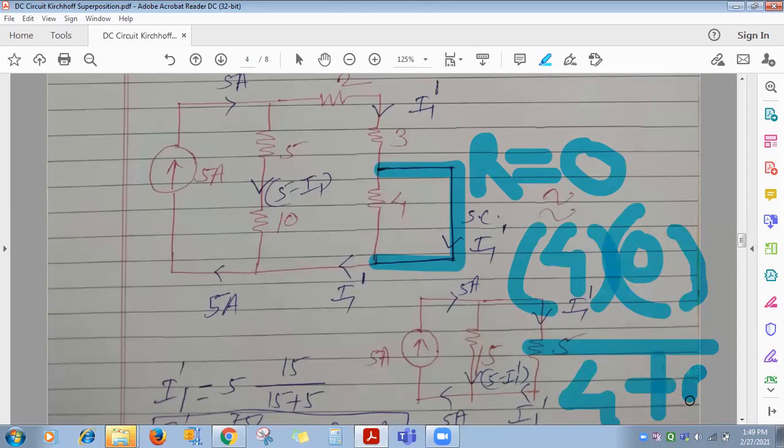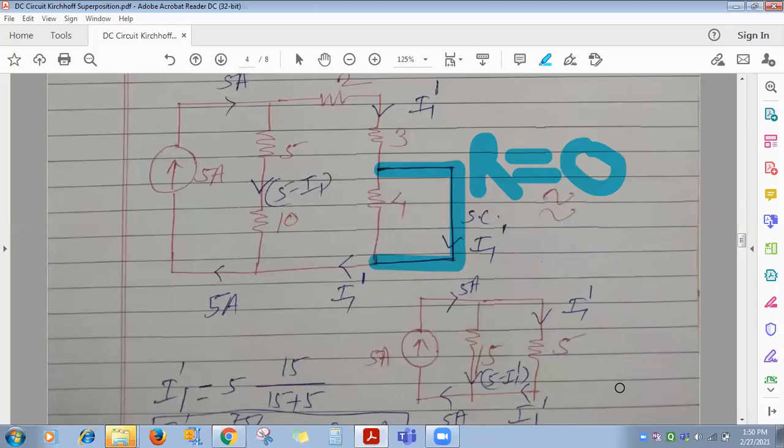Right? And 0 divided by anything is what? 0. Got it? Short circuit branch resistance is 0. Open circuit is infinite. Clear? Up to this, everyone got it.